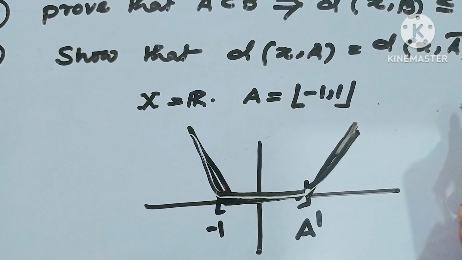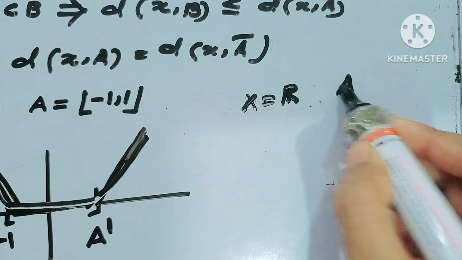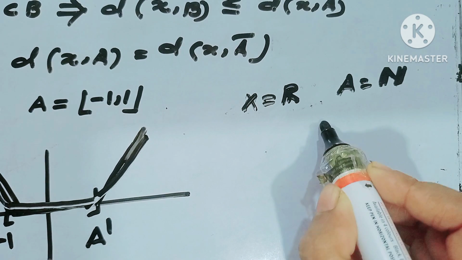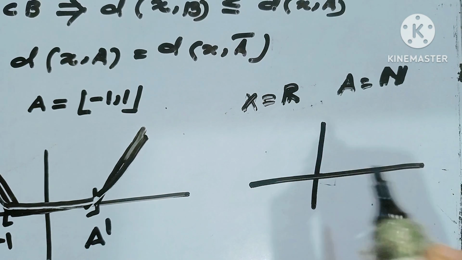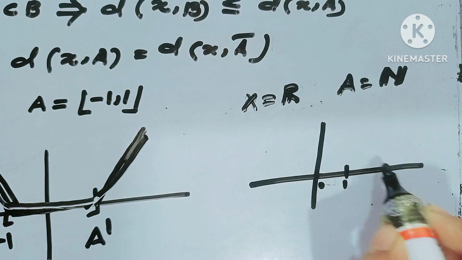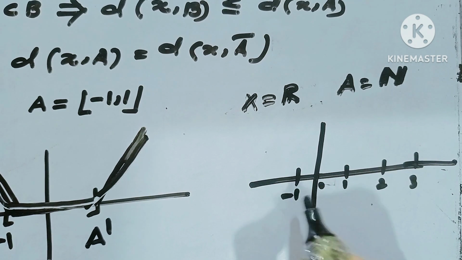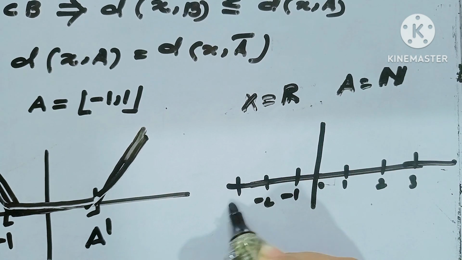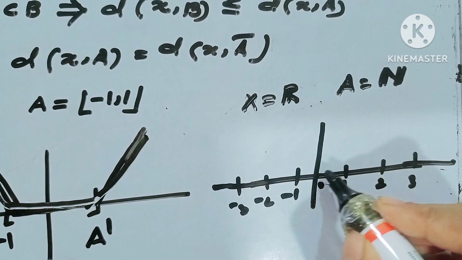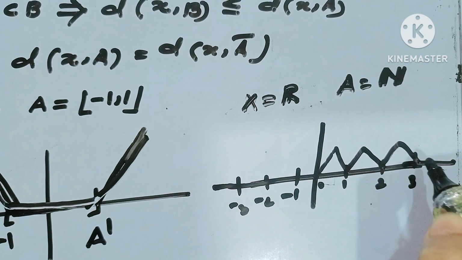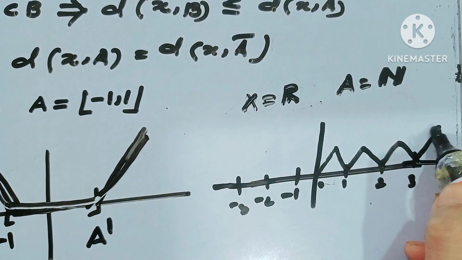Similarly, when X equal to R and the set A equal to the natural numbers, at first just imagine how the infimum distance to the set looks like. Here the points 0, 1, 2, 3, and so on. Here minus 1, minus 2, minus 3, and so on. So the picture would be such type. I hope all my viewers have understood.